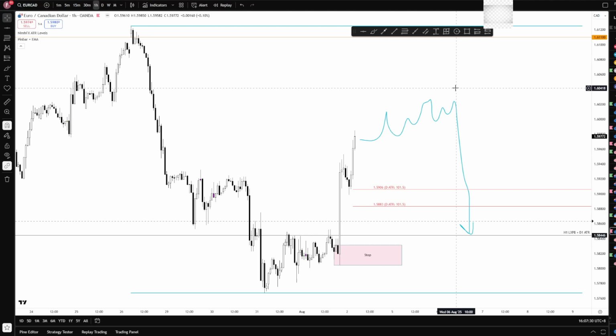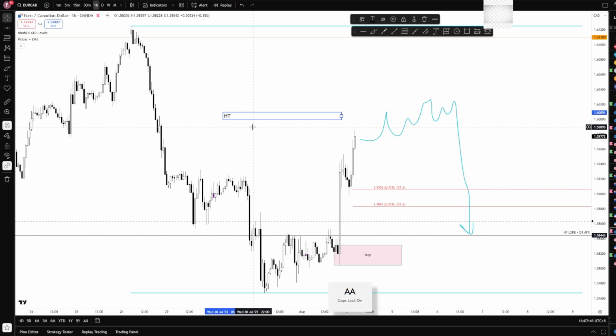So my main takeaways for myself through the journal reflection: when I draw my daily levels where I take the trade off, first, the level needs to be a high time frame level. It needs to be drawn from a daily level. So my levels criteria: first, it needs to be high time frame, either a D1 high or low.